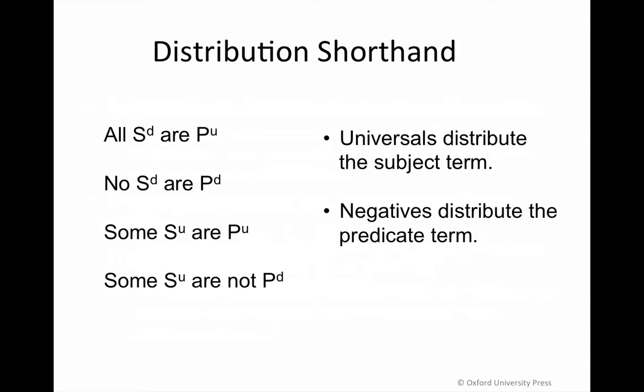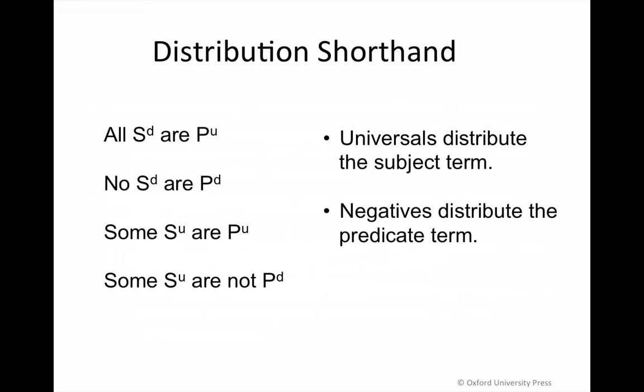The superscript U tells us that in the universal affirmative and the particular affirmative, the predicate class is undistributed. So wherever you see a superscript D, wherever you see a superscript U, you should understand respectively distributed and undistributed.